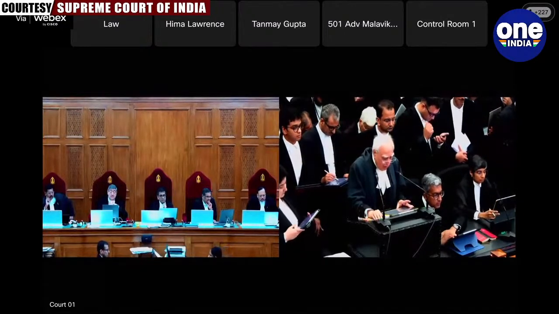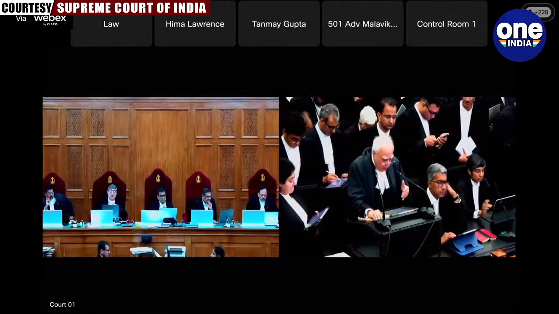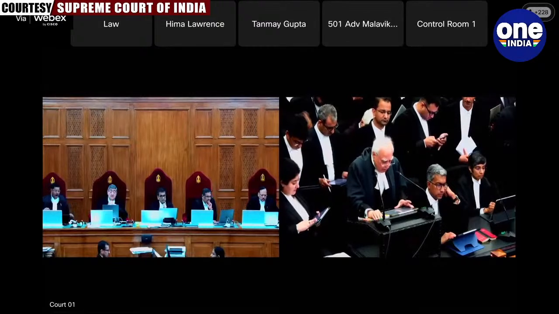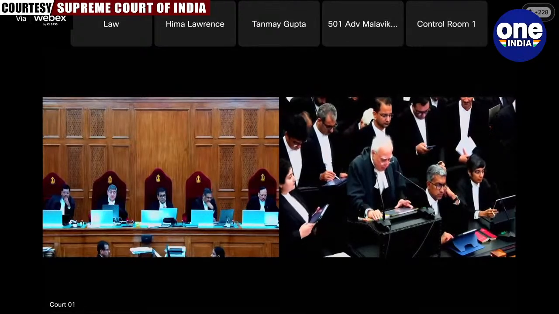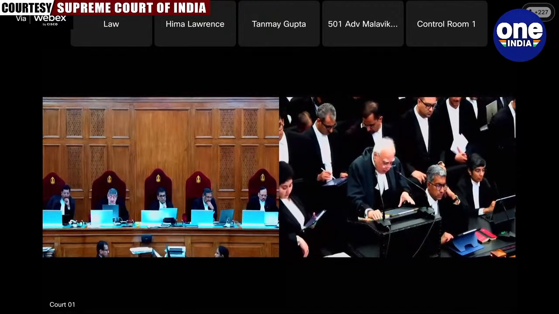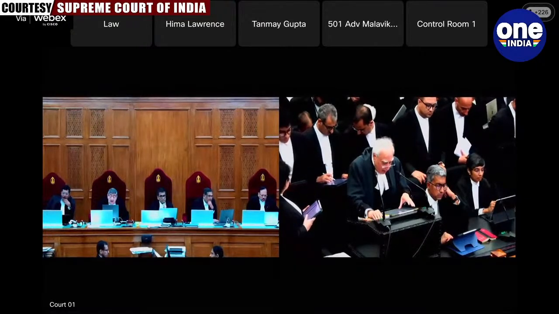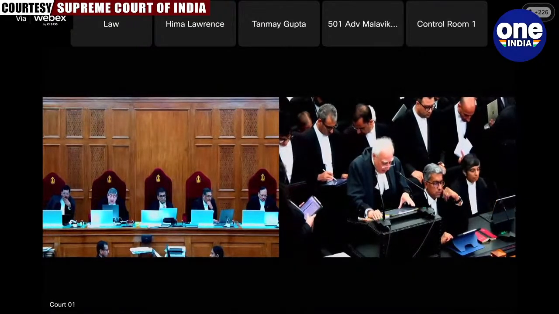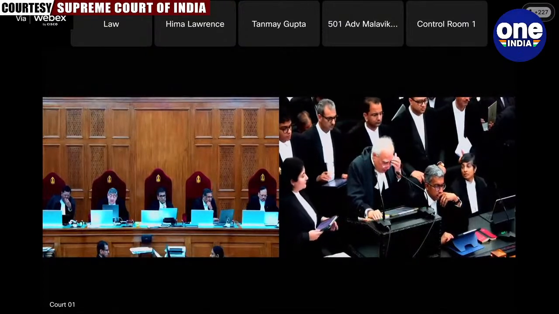And to secure to ourselves justice, social, economic, political, liberty of thought, expression, belief, faith, and worship, equality of status and of opportunity, and to promote among us all, fraternity, assuring the dignity of the individual and the unity of the nation. In our Constituent Assembly, this 17th day of November 1956, do hereby adopt, enact, and give to ourselves this Constitution.